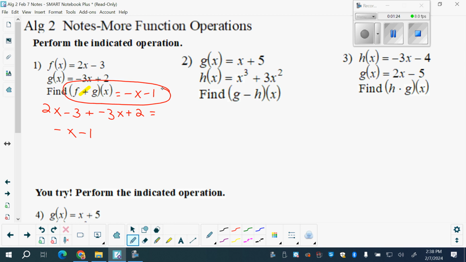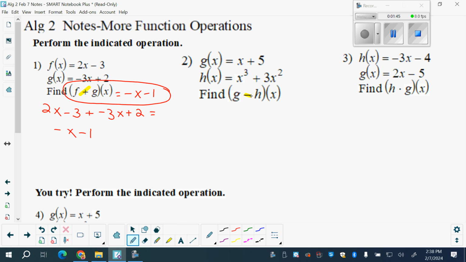Okay. So what operation are we doing on number 2? What's your operation? Subtraction.